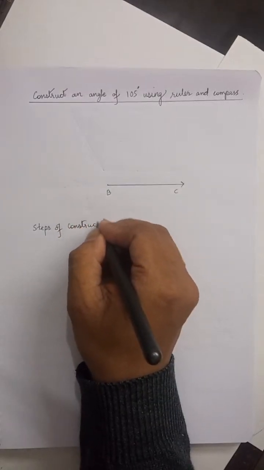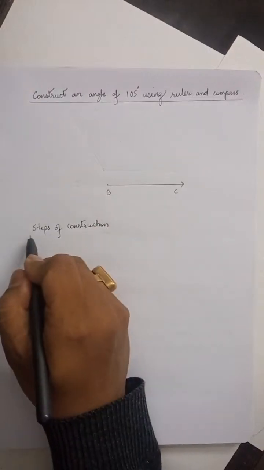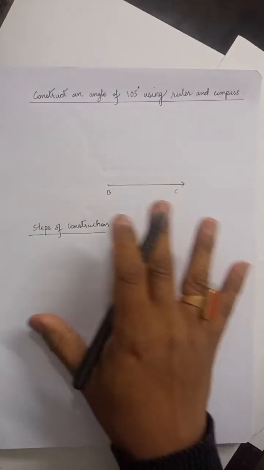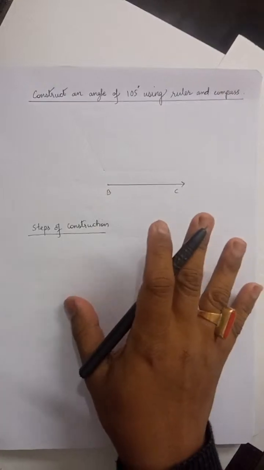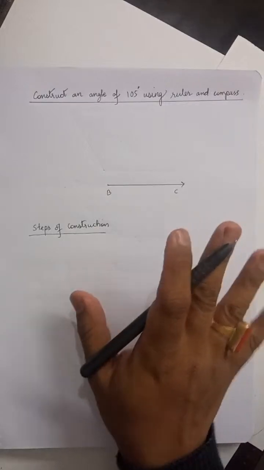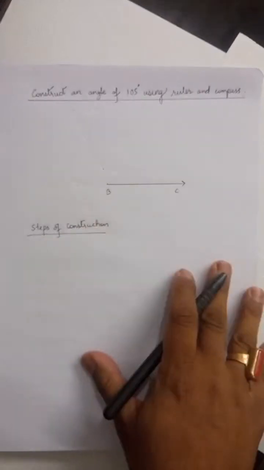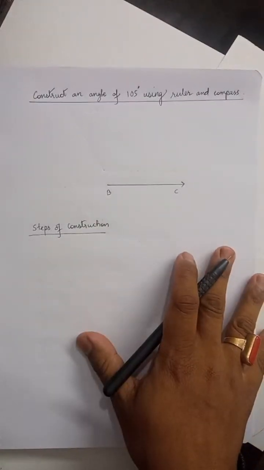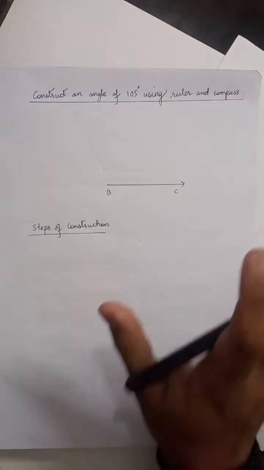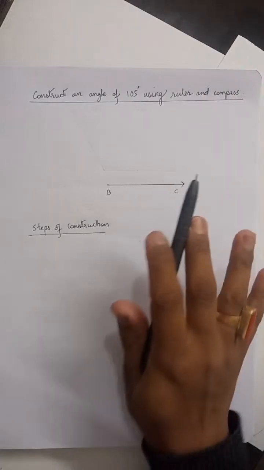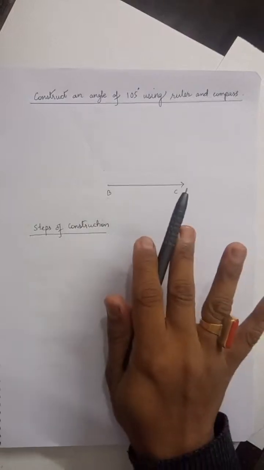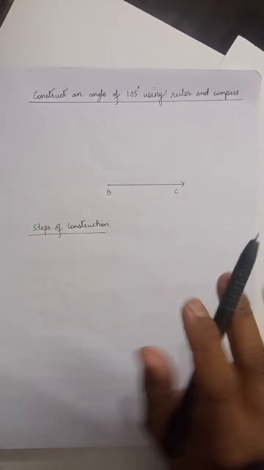Let me just repeat what I said in the previous stream also. The first part of this construction involves constructing one 90 degree angle and one 120 degree angle. If we start writing all the steps we will probably end up writing 15 to 20 steps. So we'll just mention that we have constructed a 90-degree and 120-degree angle using ruler and compass. That's it.